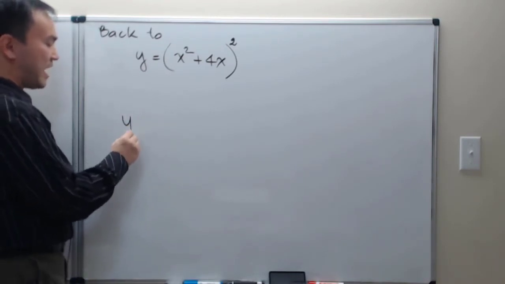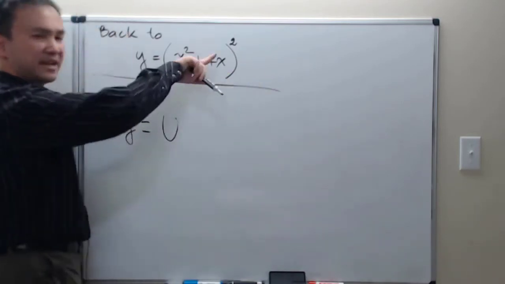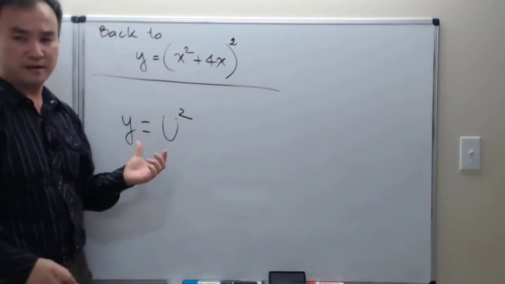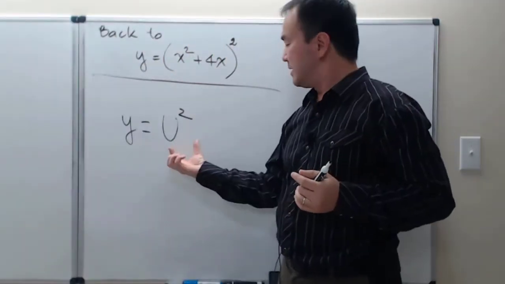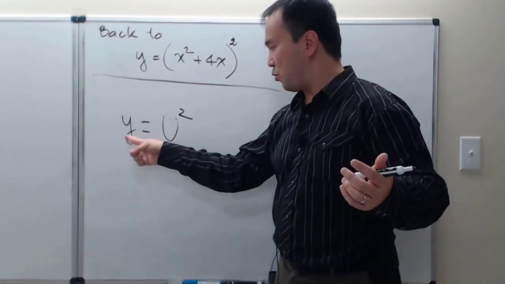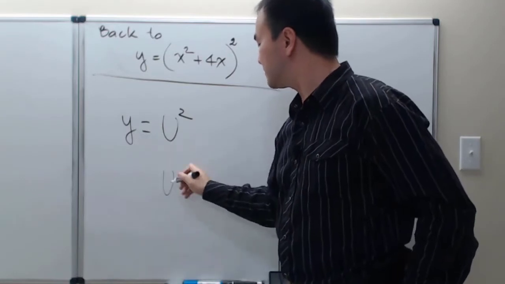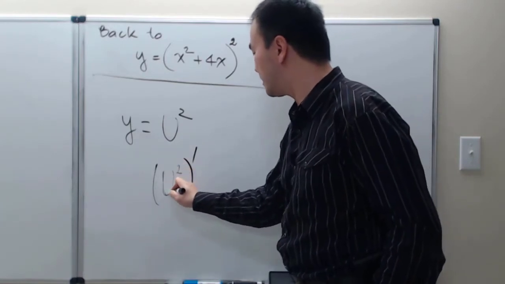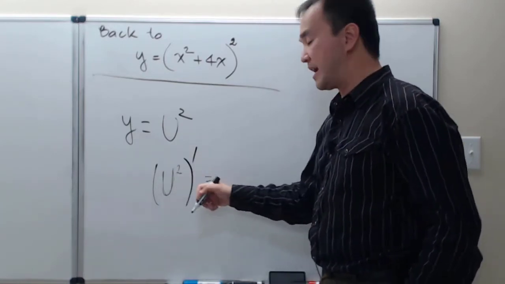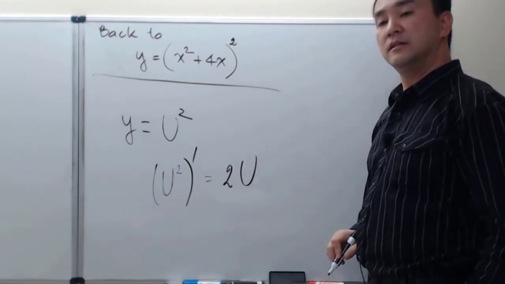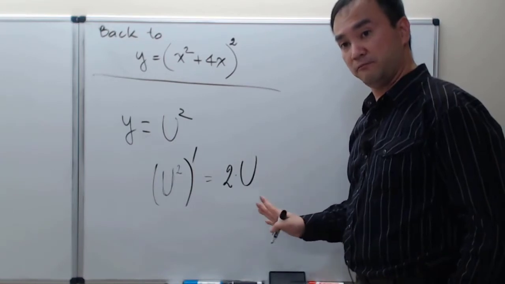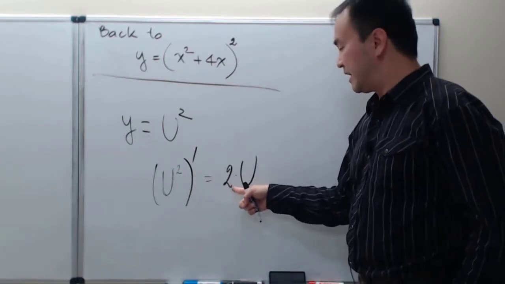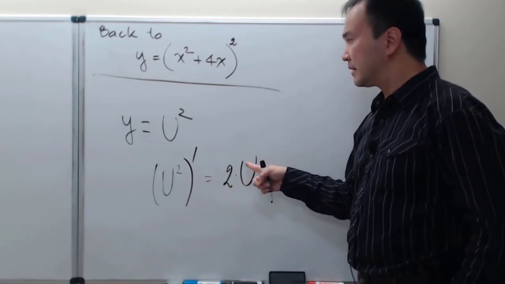If we had a function y equals u squared, where the capital U is the variable, then taking the derivative of u squared is simple by the power rule: it becomes 2u. So the derivative of u squared is 2u.